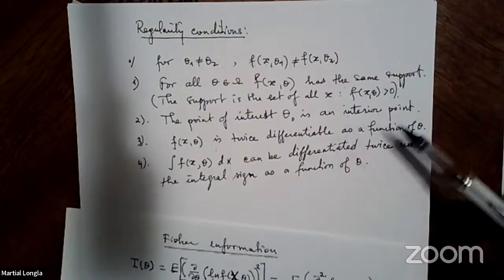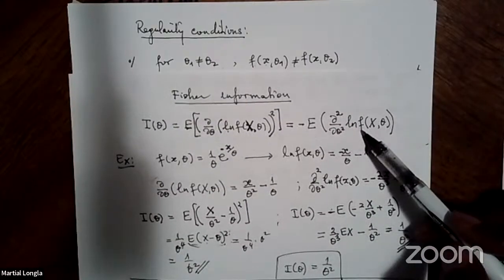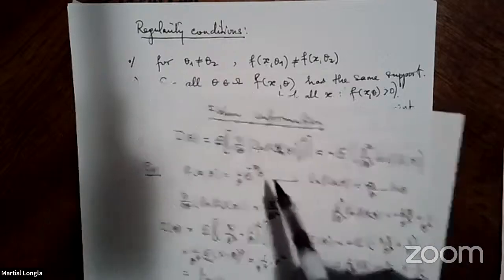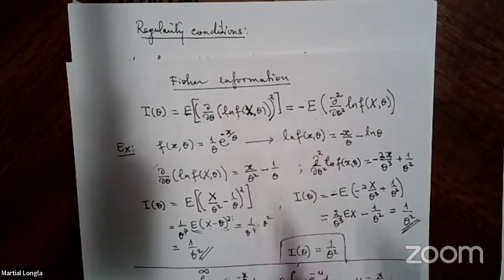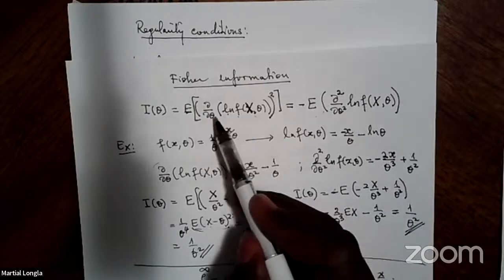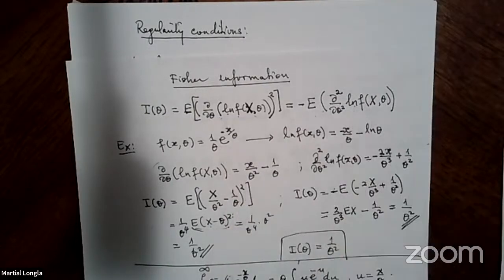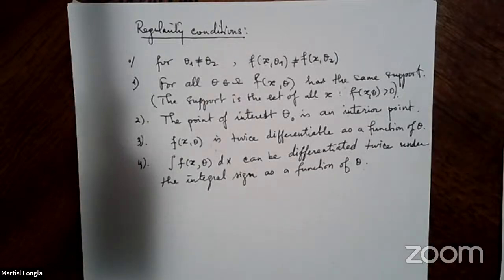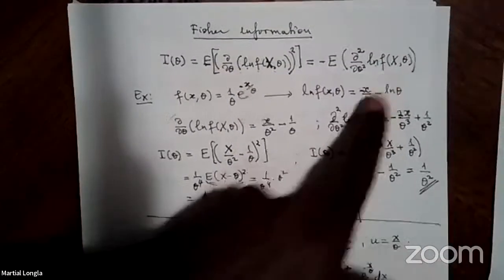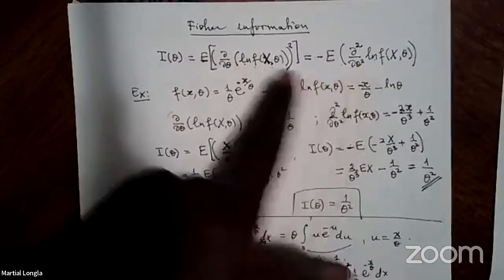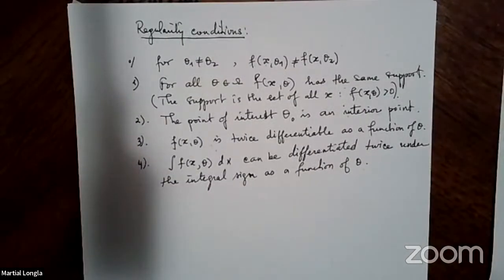So number 3 allows you to take this derivative. And number 4 is actually to set these two things equal as well, because you take the derivative under the integral here to get to that guy. So it's just considerations for calculations. And if they don't hold, the second equality doesn't hold, and therefore if you use this formula to compute, you will not find the same answer if R3 and R4 are not satisfied.